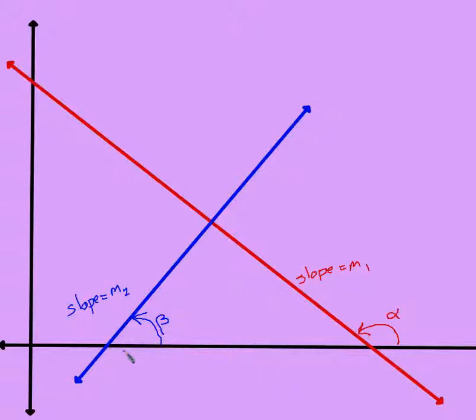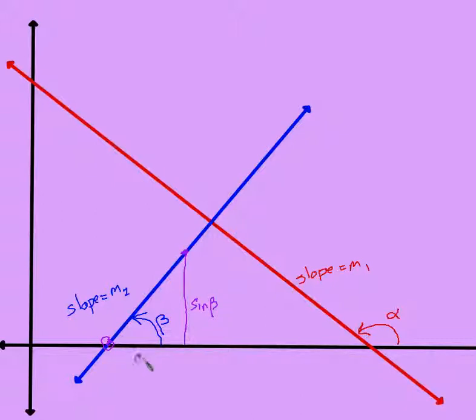And again, just a reminder that the angle of inclination and the slope are related. If we take the angle of inclination and use that to find the slope, if we were to start at this point and come up to this point, the slope is rise over run. This would be the rise, which is going to be sine beta.